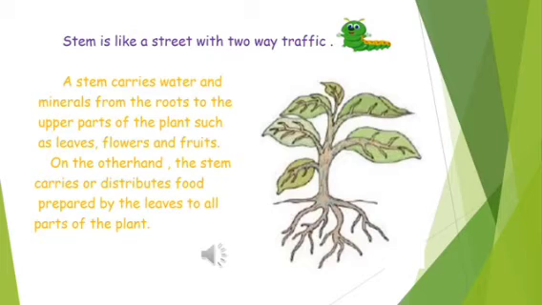On the other hand, the stem carries or distributes food prepared by the leaves to all parts of the plant. So, the water and minerals are moving up while the food prepared by the leaves is moving down. Therefore, it is said that stem acts like a street with two-way traffic. There is one movement upwards and another movement downwards.